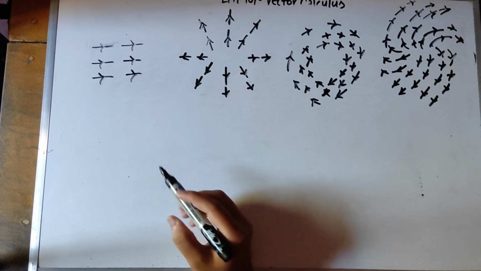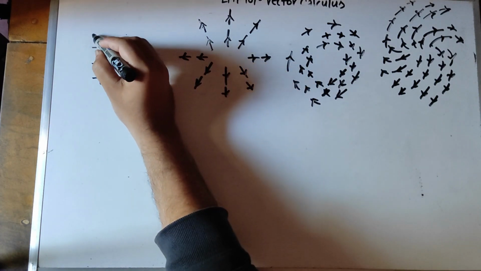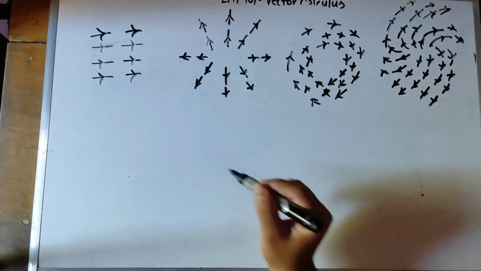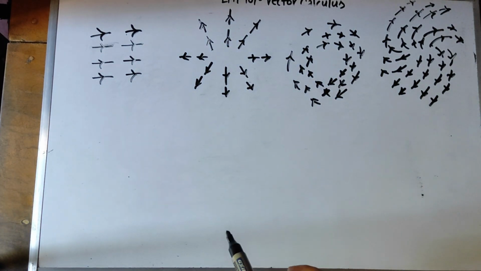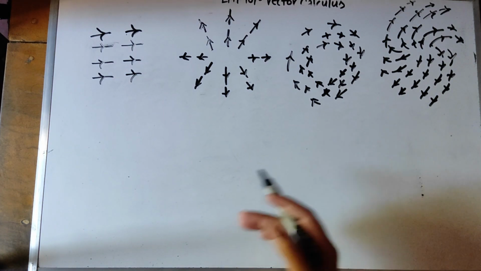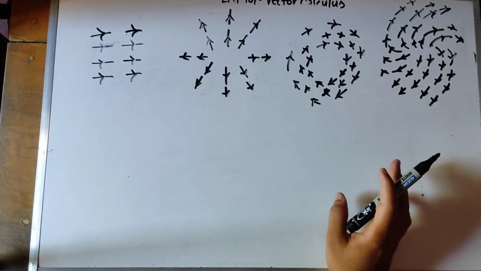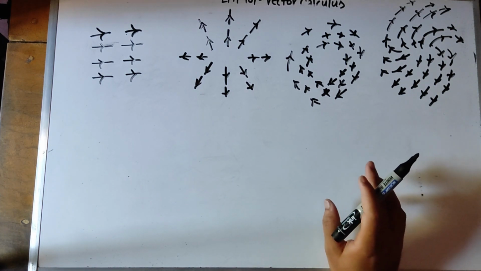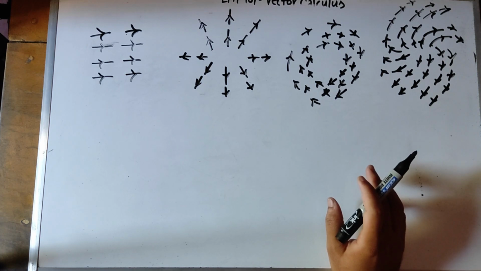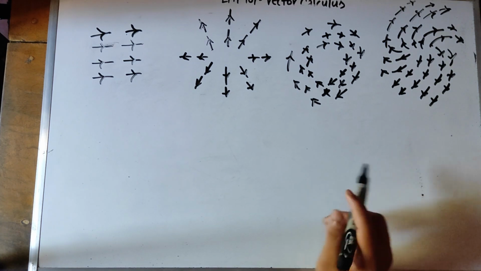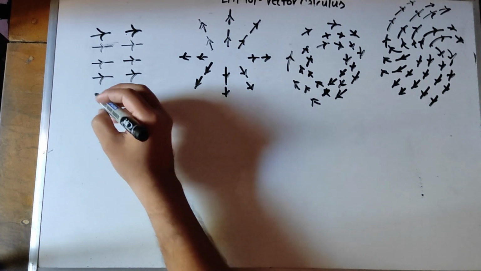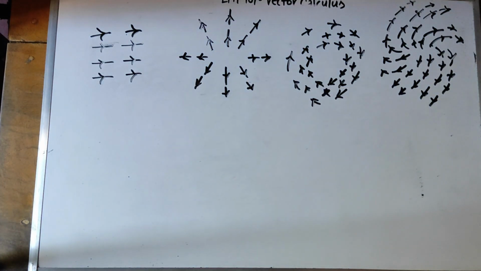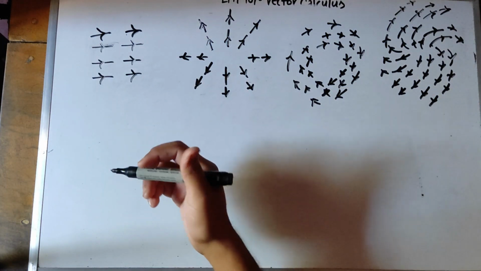So here are 4 types of field representations or mappings of vector fields. From the concept of vector field decomposition, we can say that all the fields we are denoting them by A.